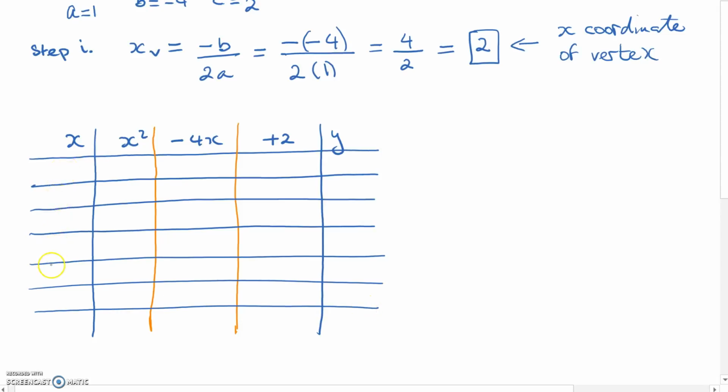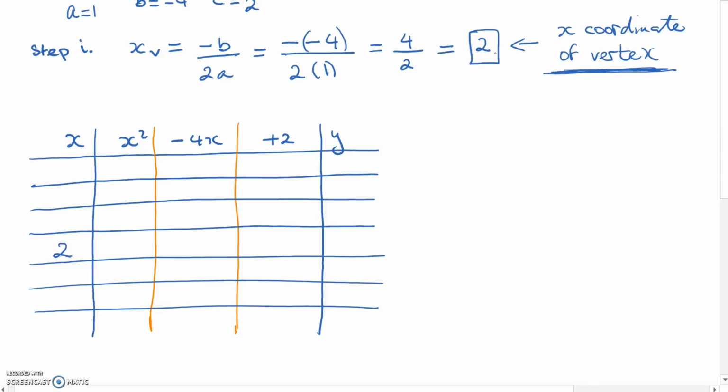Now, this is where this x coordinate of the vertex becomes very important. It has to go into the middle row. It's going to go into the first column, but the middle row. So count 3 down, and put in that number, which was 2.